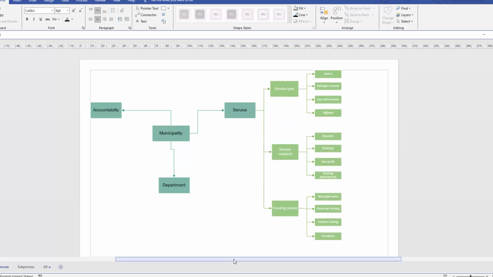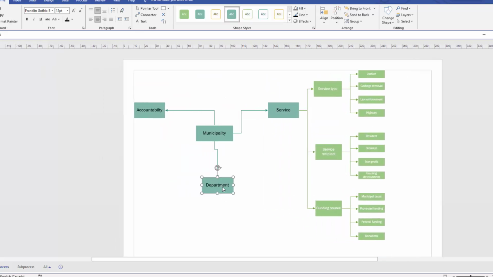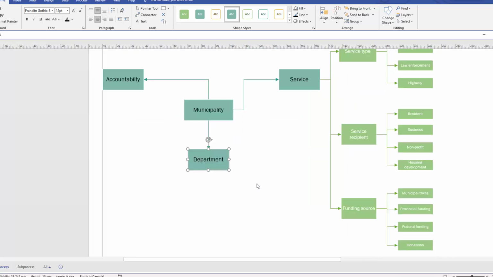What else can you capture in a concept map? Well, you can consider different departments. What are the important departments in a municipality? So again, the same thing, you're going to ask questions and maybe capture some of those departments. Of course, if you have access to the org chart, that may already be available to you.